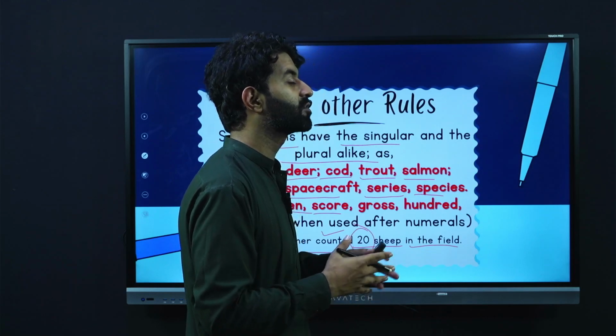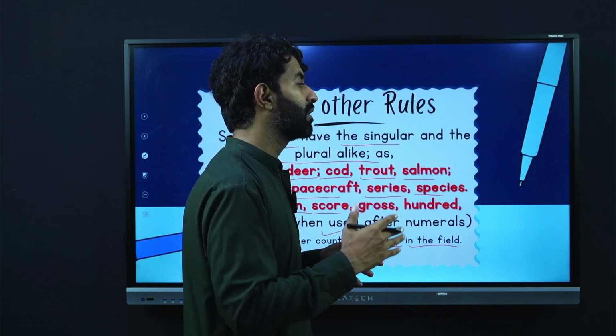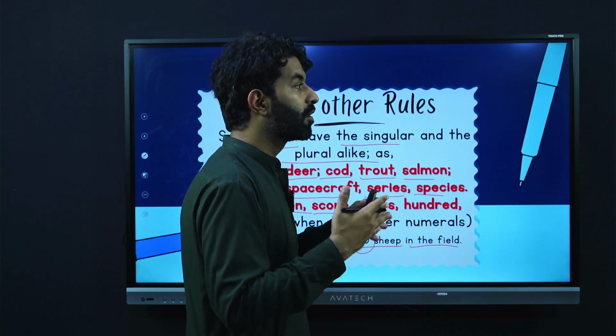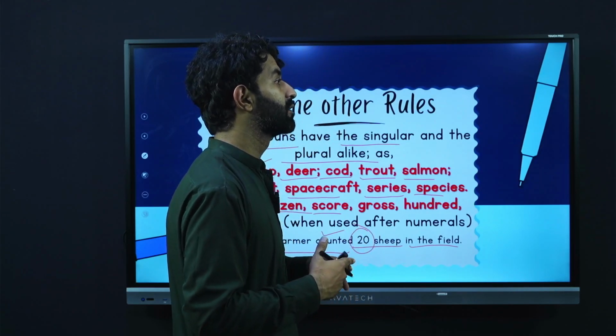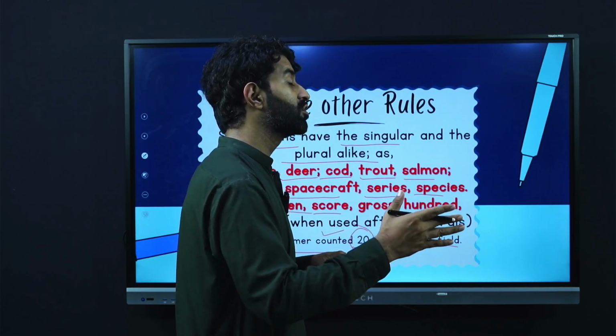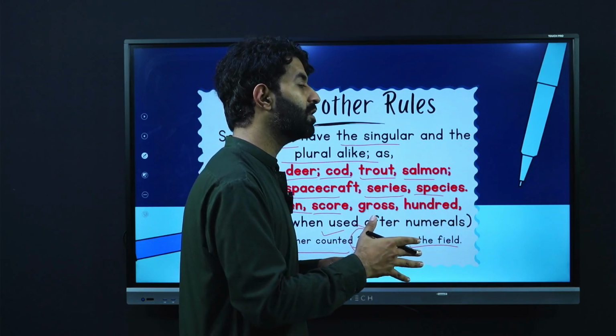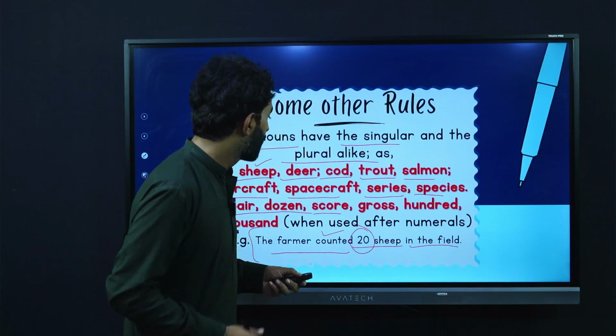I have hundreds of rupees or something like that. But we are going to stick to the rules rather than saying that. Some people like sheeps. You just mention the number before the noun and that will do the work for you. Thank you.